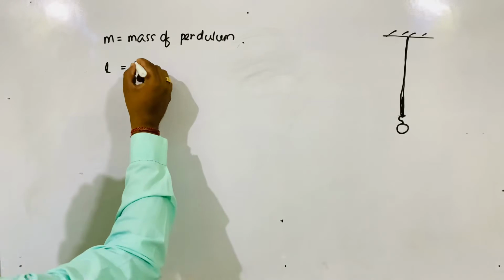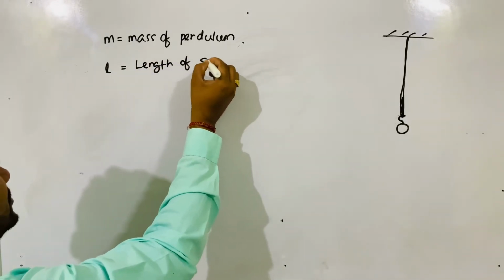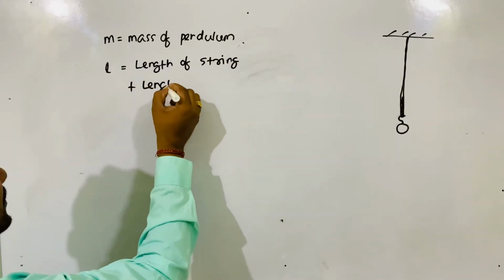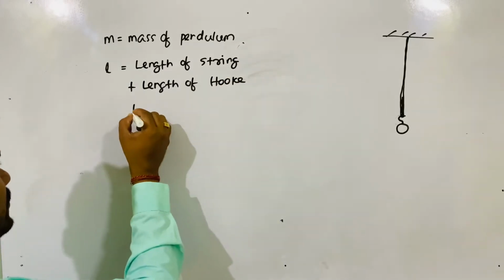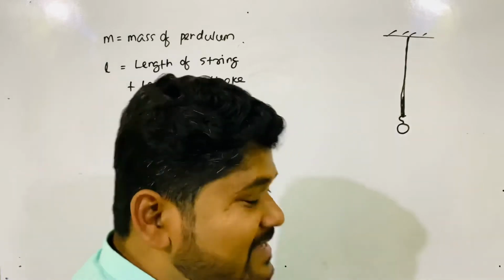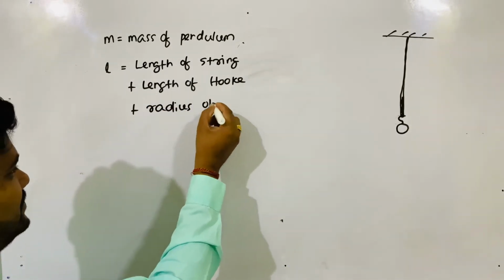So length of the pendulum means length of string plus length of hook plus the radius of the bob.